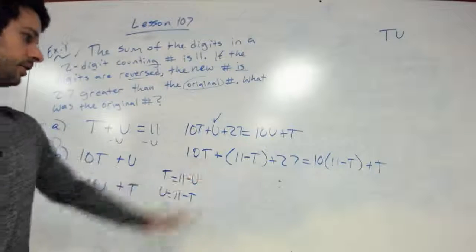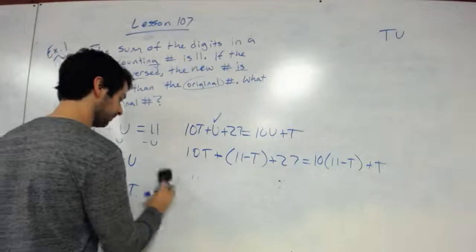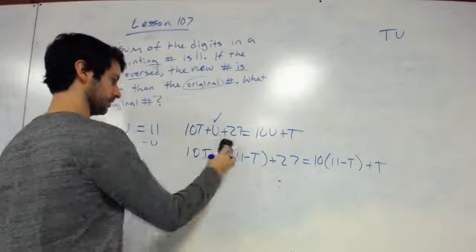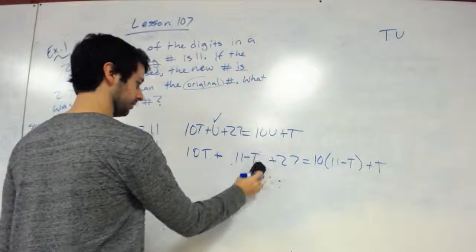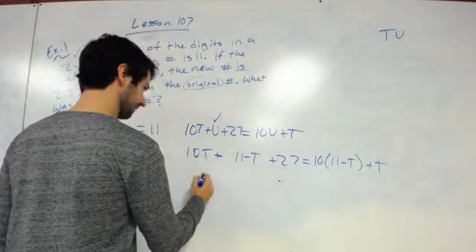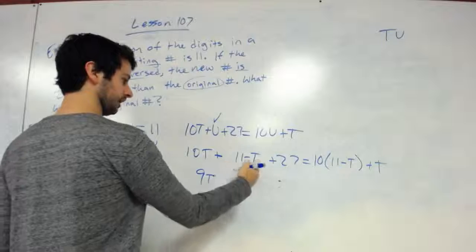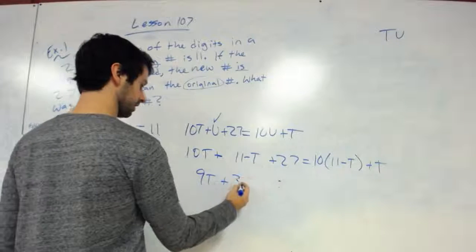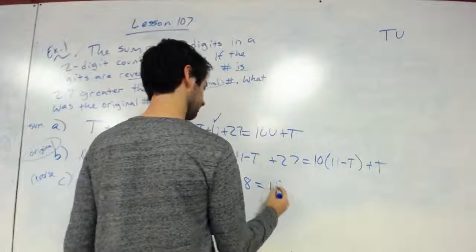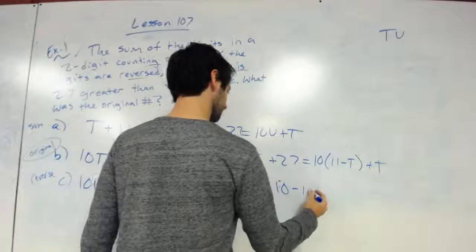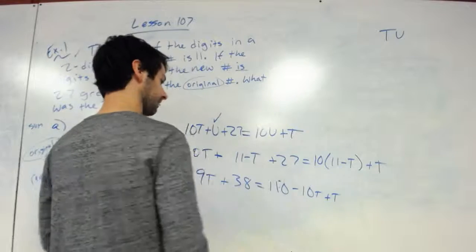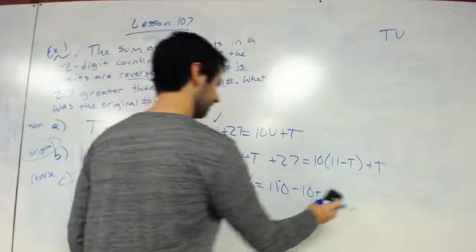So now we're at an equation. We have one variable, and we can solve. So 10t, I can just erase these parentheses overall. There's no negative outside distributing. So 10t minus t, that's 9t. 11 plus 27 is 38. 10 times that is 110 minus 10t plus t at negative 10, so that's a negative 9t.